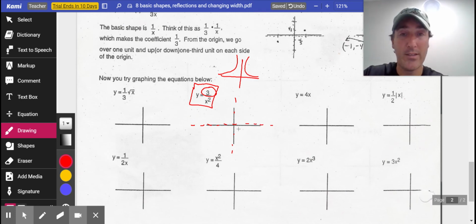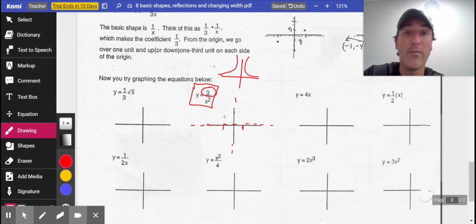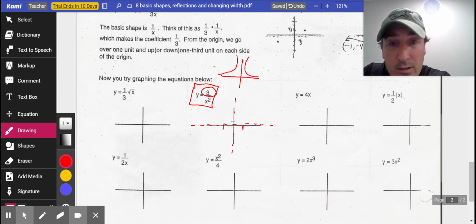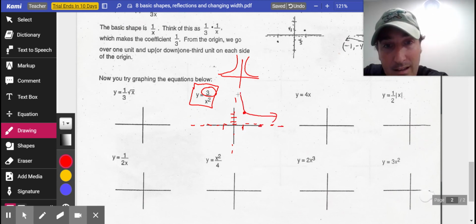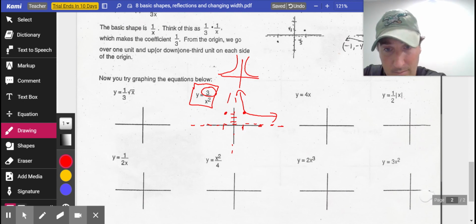The VA is still x equals 0. What the a value does is, if I plug in 1, you get 3 over 1 squared, which is just 3. So there's a little more of a gap between this point and the HA. And if you plug in -1, you get the same thing: 3 over -1 squared is still 3.